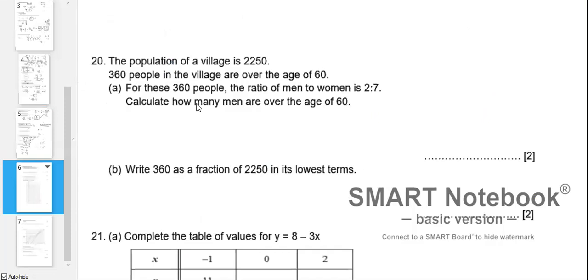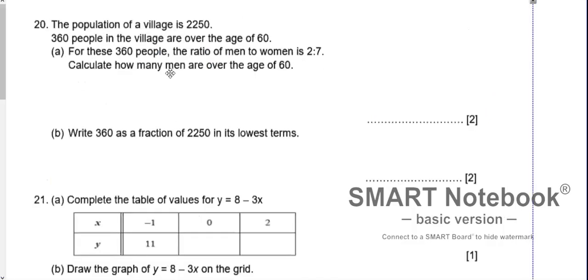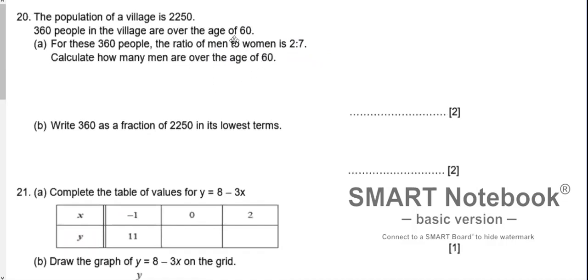We have this question here. The population of a village is 2250. 360 people in the village are over the age of 60.